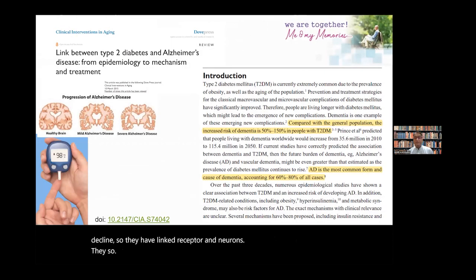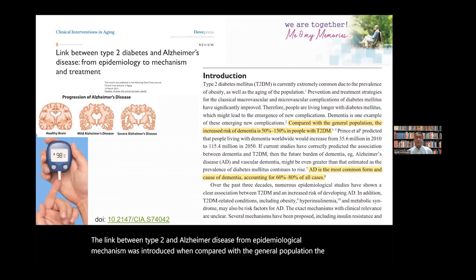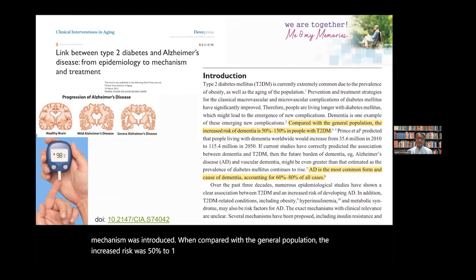When compared with the general population, the increased risk was 50% to 150% in people with type 2 diabetes. Alzheimer's disease is the most common form and cause of dementia, accounting for 60 to 80% of all cases. So if somebody is diabetic, type 2 diabetic, they are more prone to get Alzheimer's disease. And these are the studies which have been published.